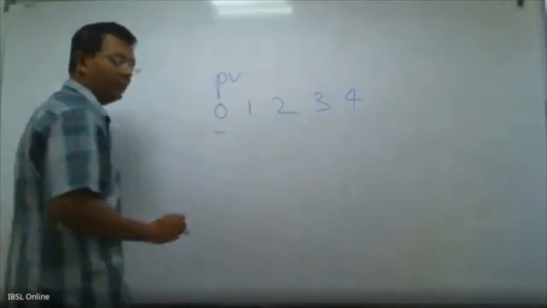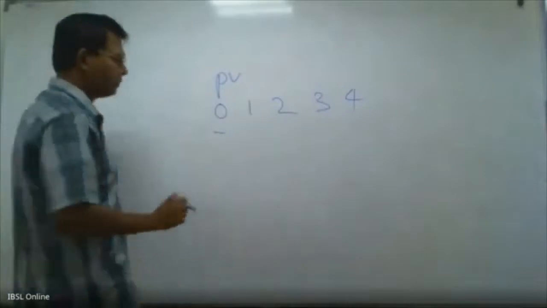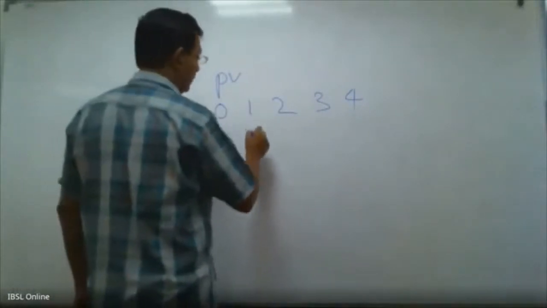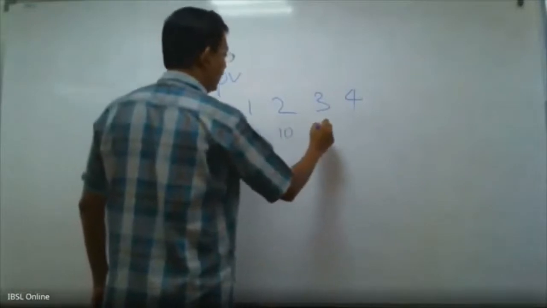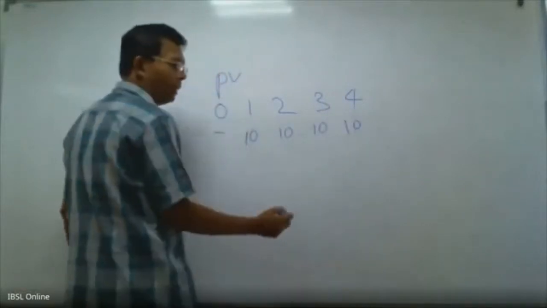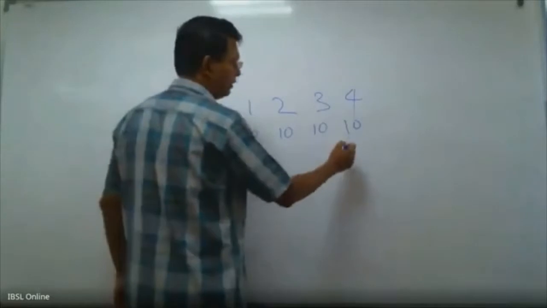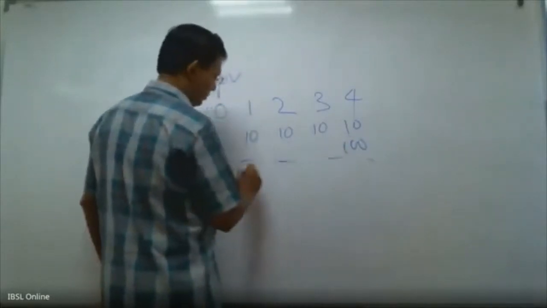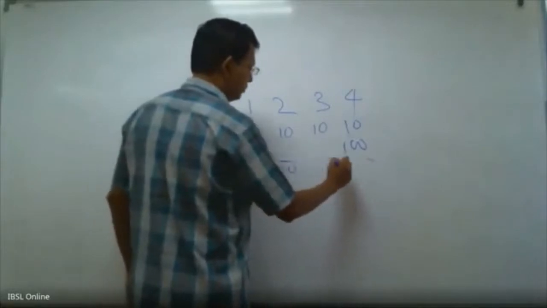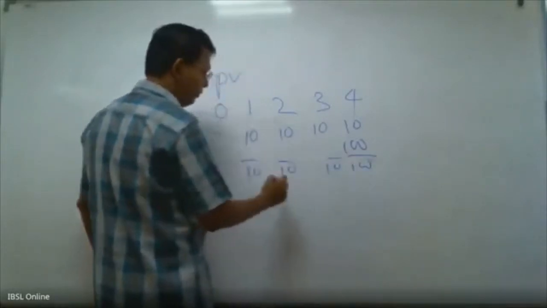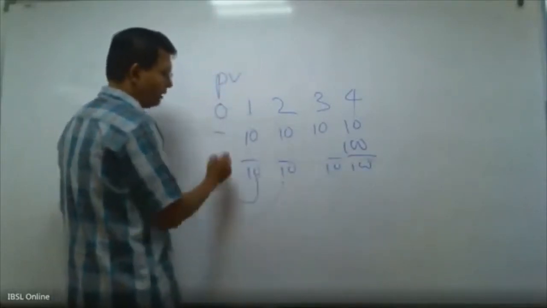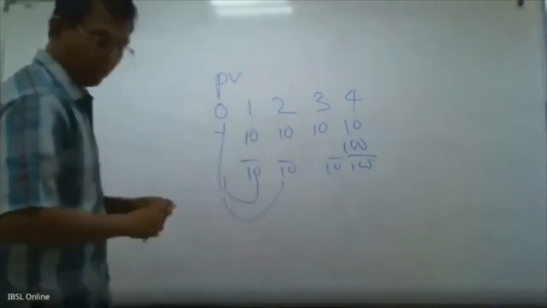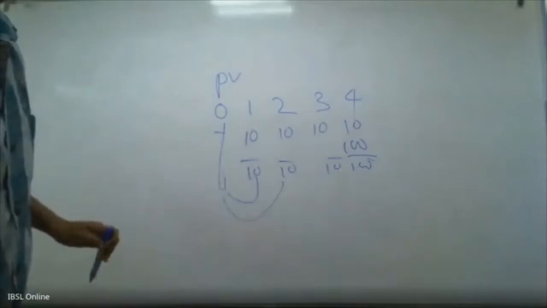Remember, we had the coupon interest rate, for example 10, 10, 10, 10, and at the end of the period we had the maturity face value, say 100, and we brought everything into today's terms. How did you do this? We discounted.